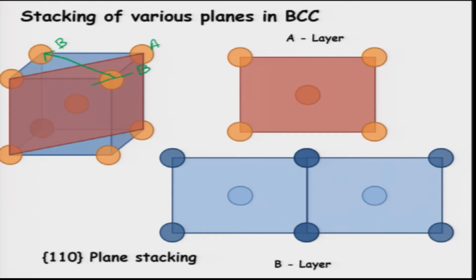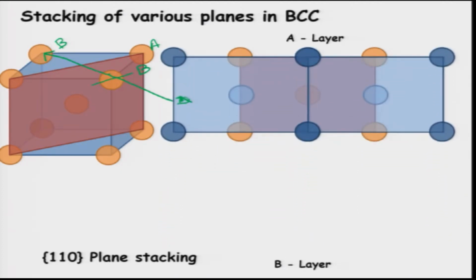And how are they stacked? Now when you are looking from this direction, as if this is the eye of a person trying to look in this direction, how would they find the two layers? This is how it will look.